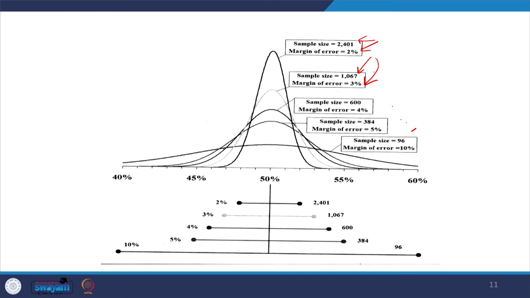And when your sample size is increasing, your distribution is becoming more elliptic. It is symmetric, normally distributed, but when the sample size is smaller, your alpha margin or your margin of error, these are called alpha regions, are expected to be higher, because the rejection region will be higher.